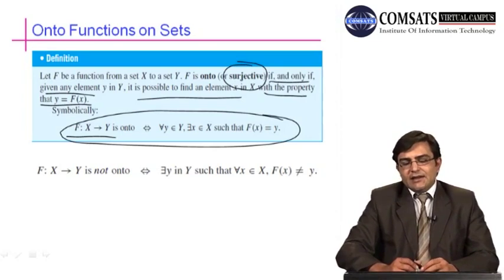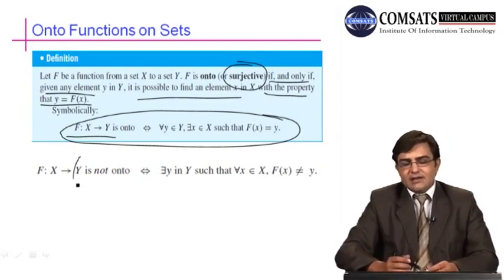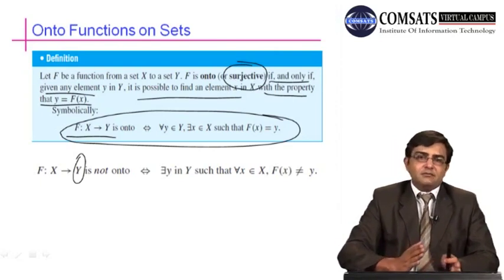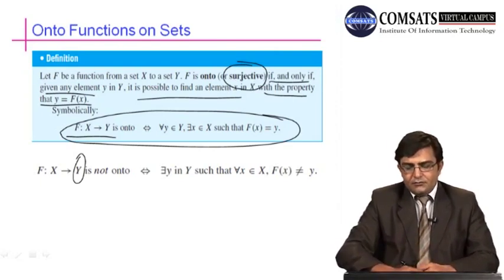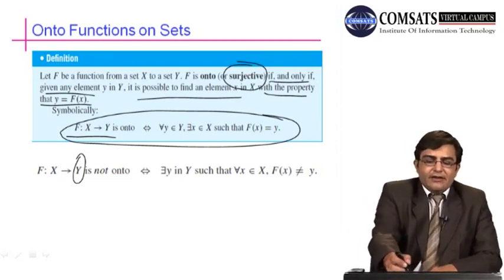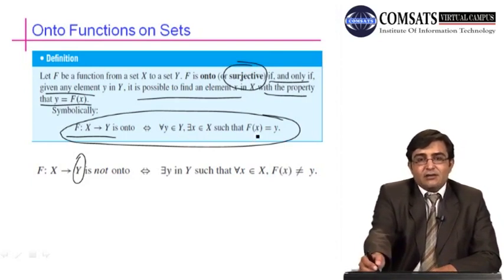It means that every element of Y, every element of the second set, which is the codomain set, must have some preimage. Every element of Y must have some preimage, meaning for every element in Y there exists some x such that the image of x is y.